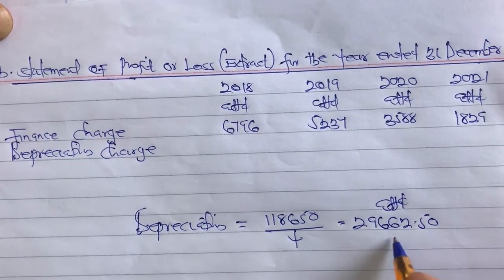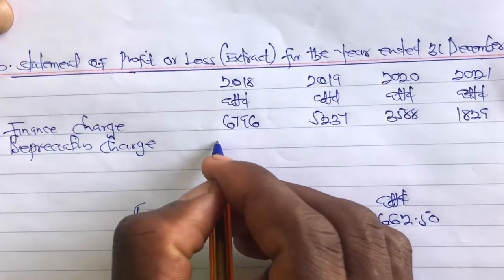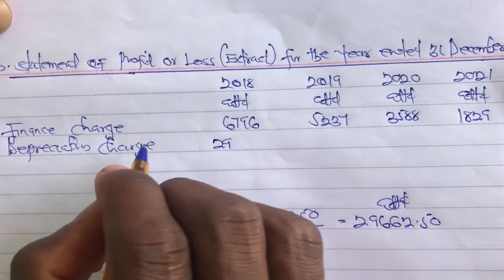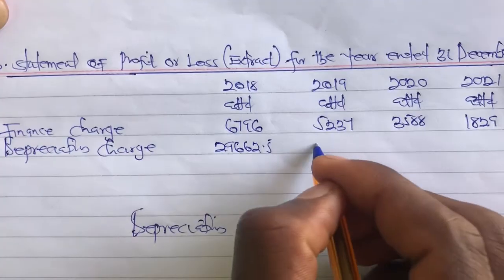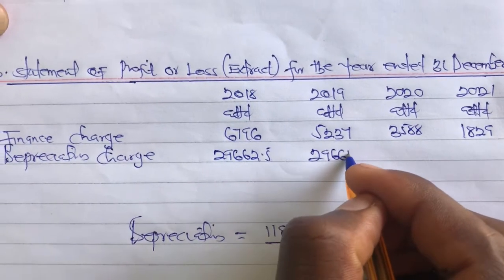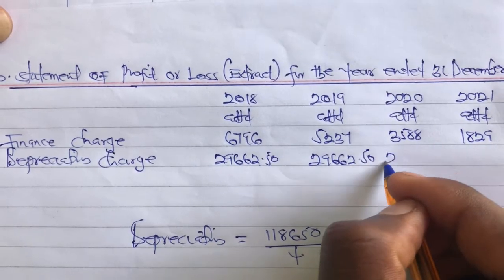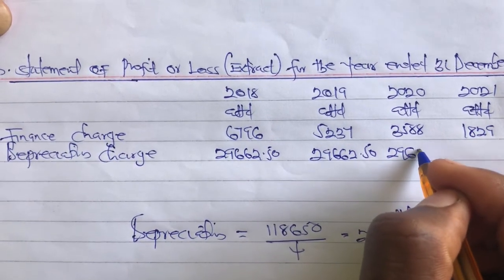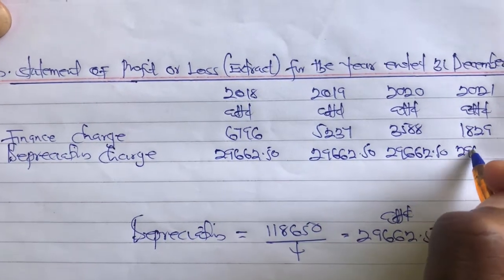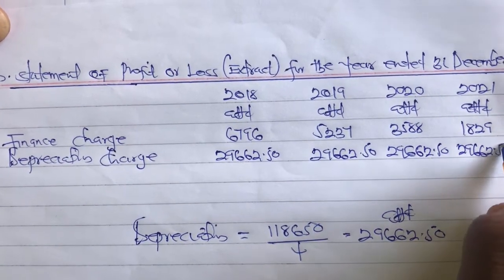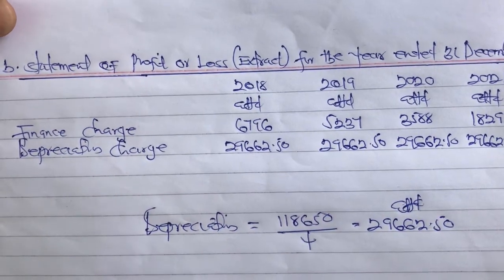So every year this is the depreciation charge. We spread it over the 4 years, and each year's depreciation is 29,662.50. Because this is an extract, we are done with the statement of profit or loss.